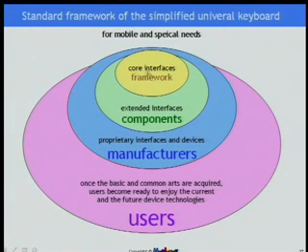Our solution, we want it to be a kind of framework, so that we can extend it to fit different devices, and the manufacturers can adapt the interfaces here to produce products, and the users just buy it and instantly use it because they already know the keyboard. If you buy a keyboard, do you study a lot?